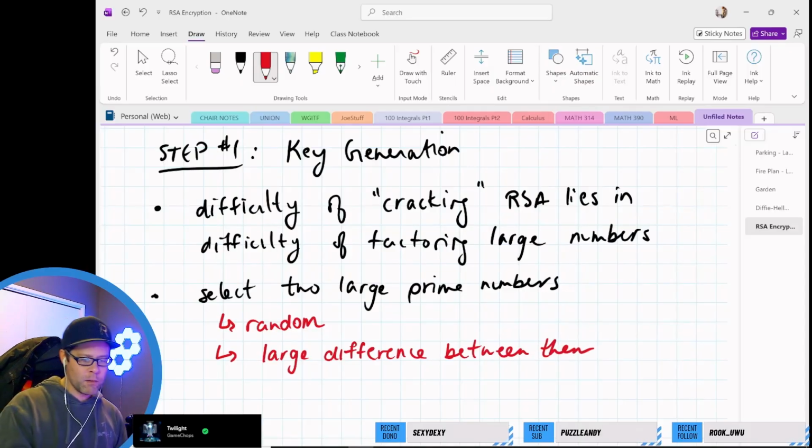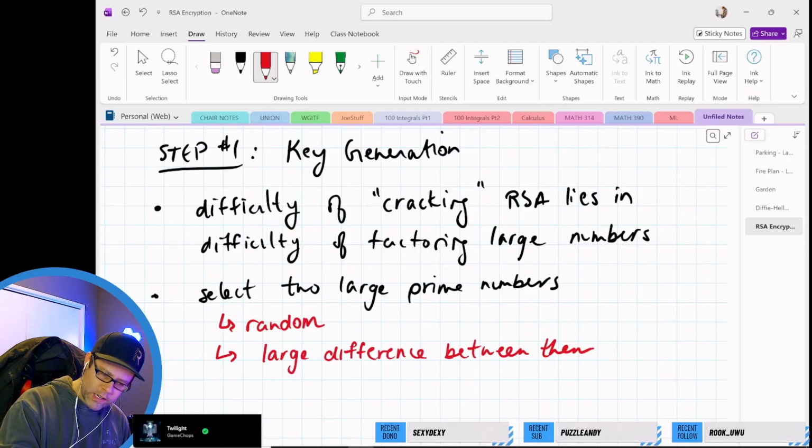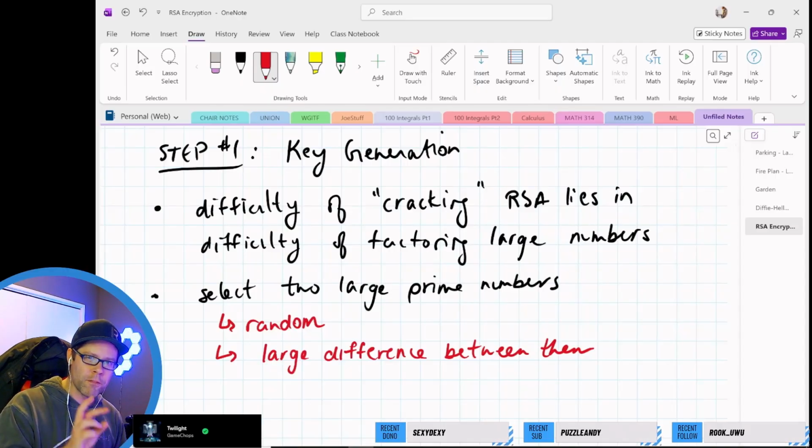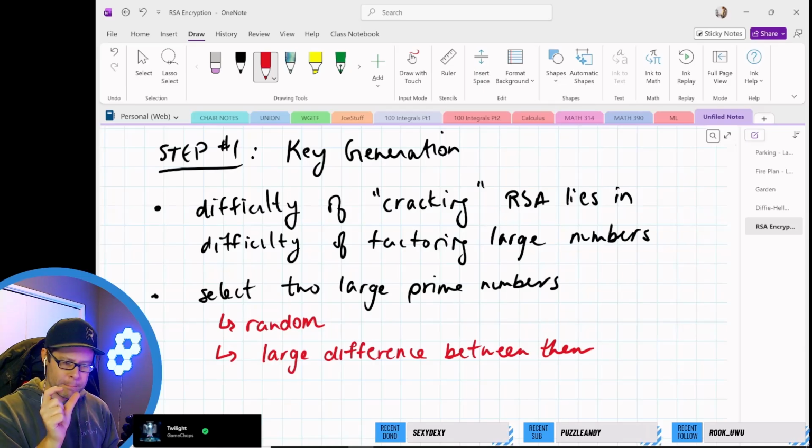I hope I have some notes about why that might be true. It's not obvious to me why we would need that large difference between them, but my guess is there's probably an algorithm for factoring big numbers where the primes are close to each other.